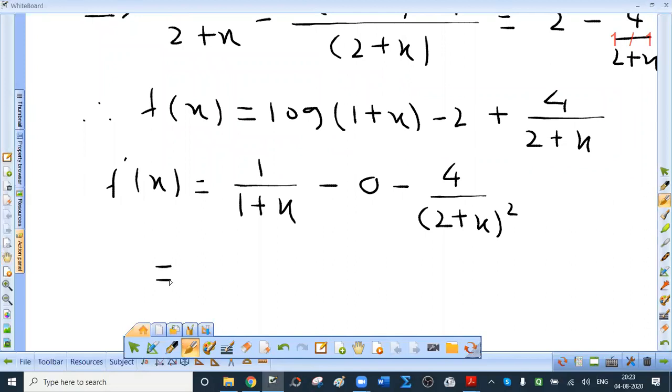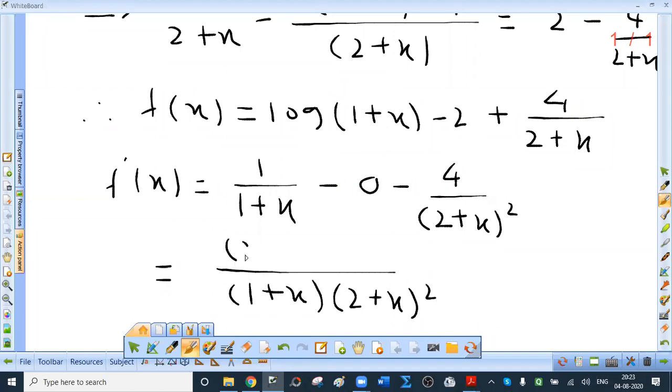So the LCM will be 1 plus x into 2 plus x bracket square. So 2 plus x bracket square minus 4 into 1 plus x.